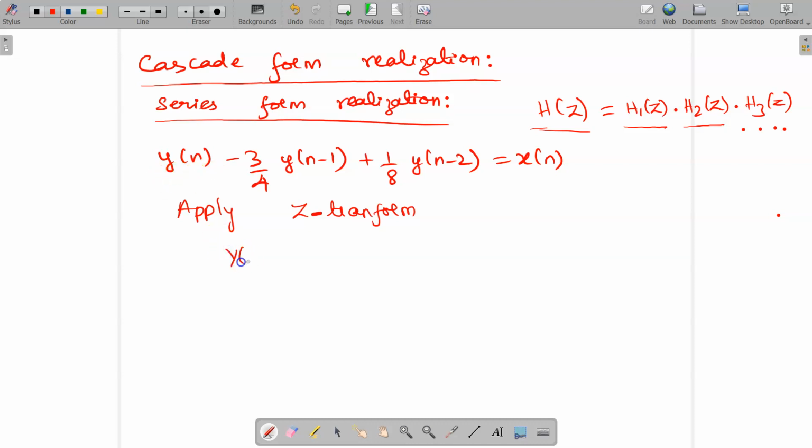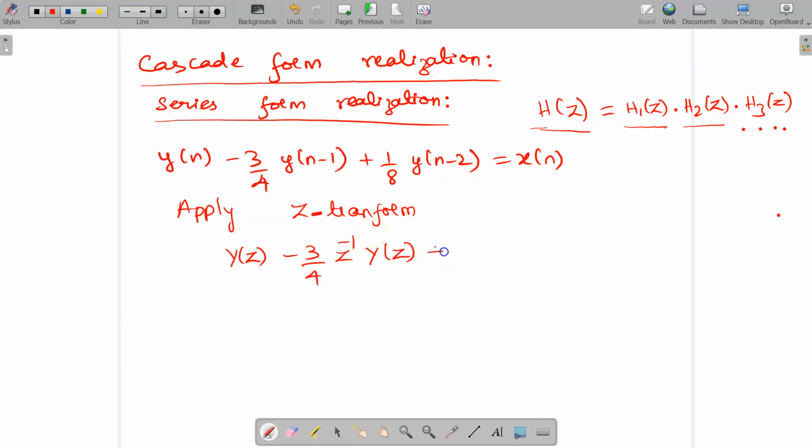Apply the z transform for the given equation. Y of n becomes Y of z, minus 3 by 4 y of n minus 1. The z transform of y of n minus 1 is z power minus 1 Y of z. Whenever I have minus 1 here, you get z power minus 1. If you have minus 2, it becomes z power minus 2 Y of z.